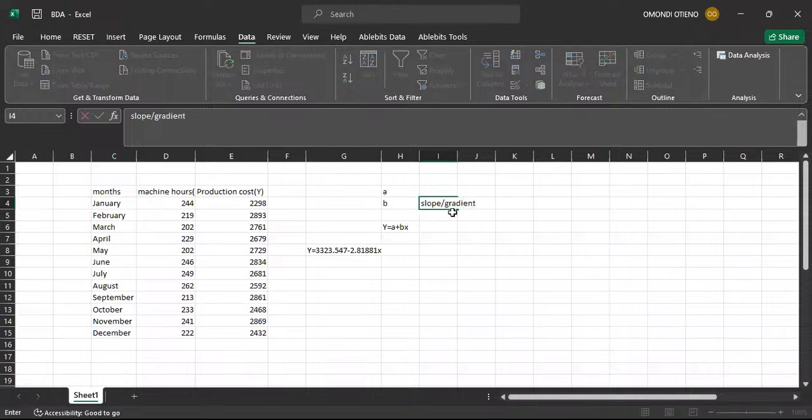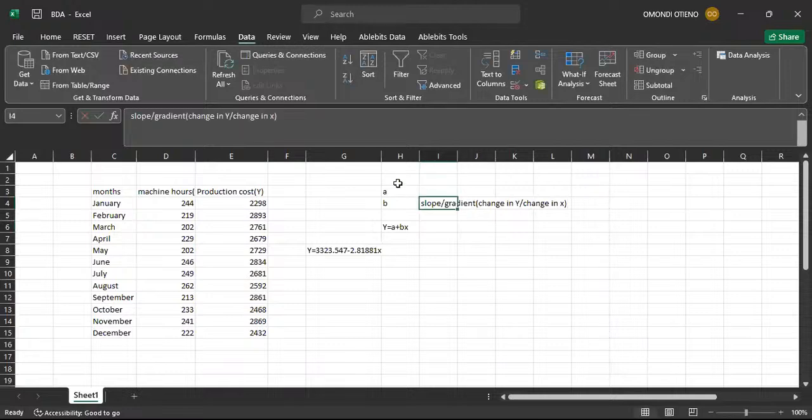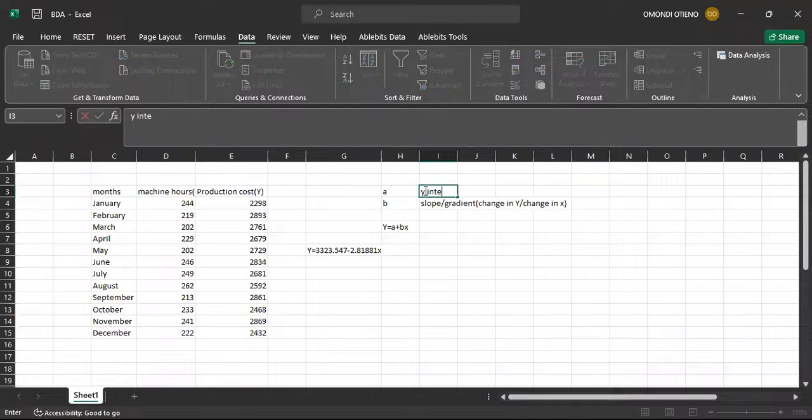And this gradient was basically equivalent to change in Y divided by change in X. Change in y over change in x is the slope of the curve. And A is now the constant figure. It is the y-intercept.